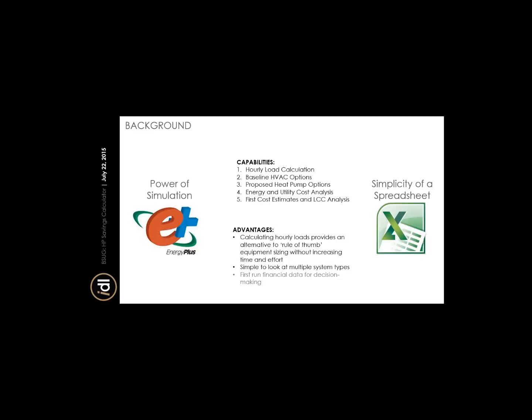And basically, the advantages would be to calculate hourly loads that provide an alternative to doing rule of thumb or simplified loads for equipment sizing without increasing time and effort, and simply look at multiple system types, and then first run for financial data info.